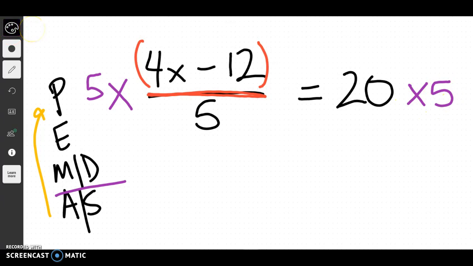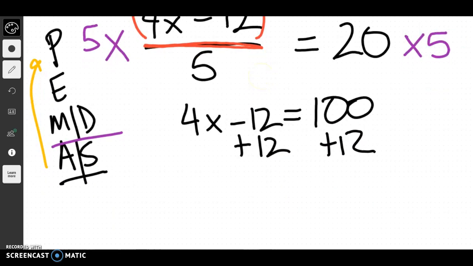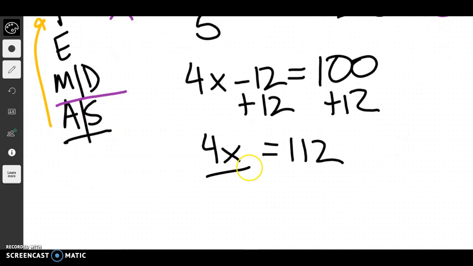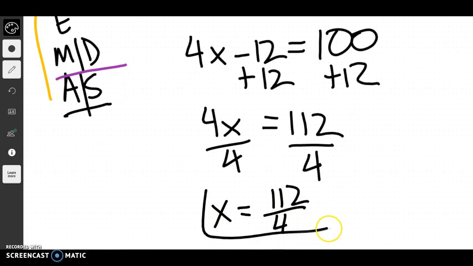That is going to give me 4x minus 12 is equal to 100. We're then going to add 12 to both sides, because that's the next operation that comes up. That is going to give me 4x equals 112. And then we'll divide by 4. And I don't know what that is, so we are just going to leave it as that fraction.